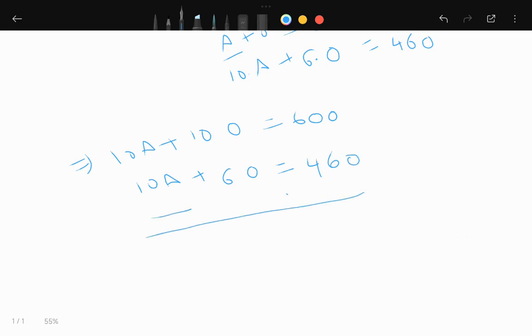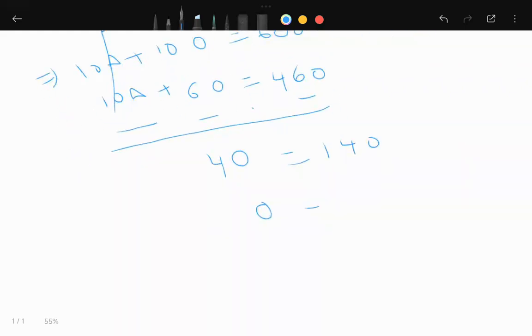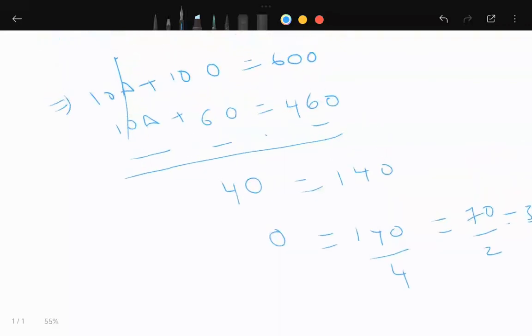Now let us subtract the second equation from the first equation. 10 minus 10 is 0, 10 minus 6 is 4. So 4 oranges equals 600 minus 460, which is 140. Orange equals 140 by 4, which is 35. So orange equals 35.